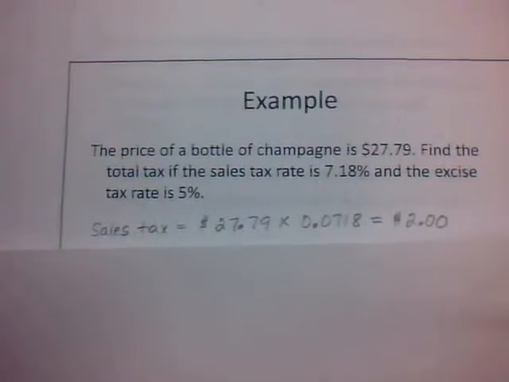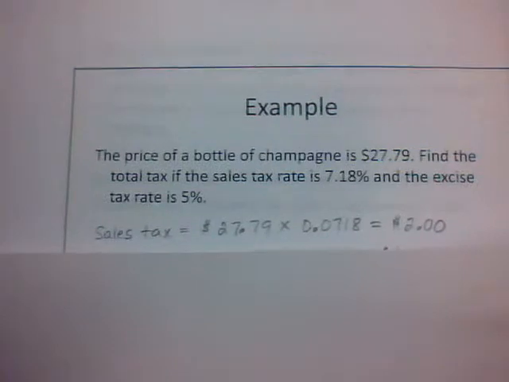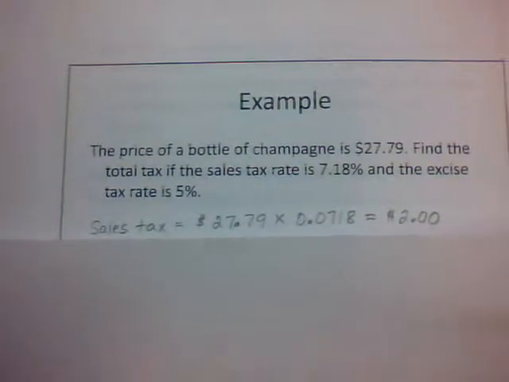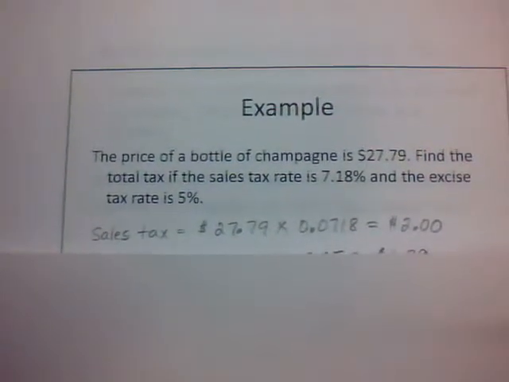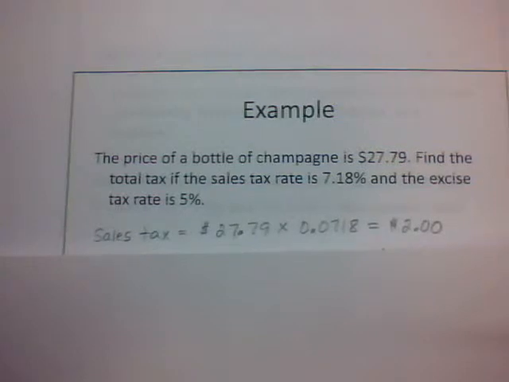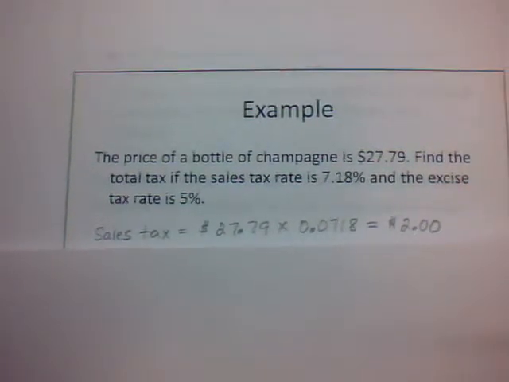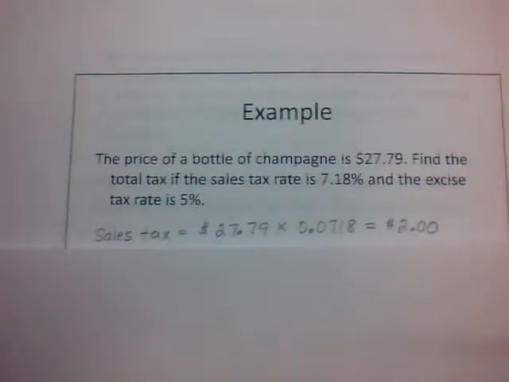In this case, we're going to take the $27.79, multiply that by 7.18%, change that to a decimal, it will be 0.0718. Multiply that by $27.79, you'll get to two decimal places $2. So the sales tax on this bottle of champagne will be $2.